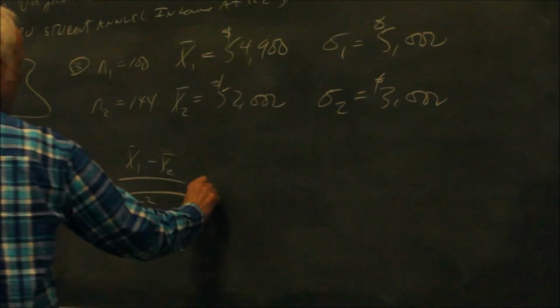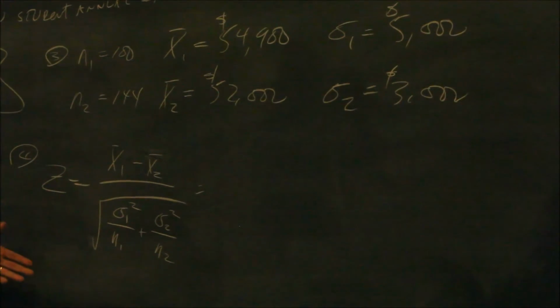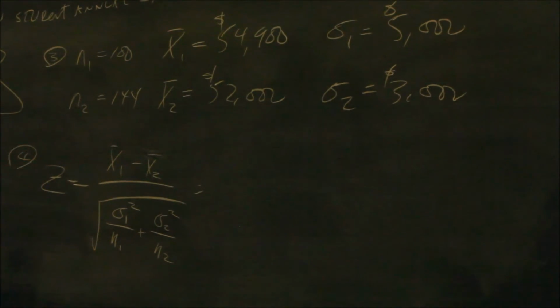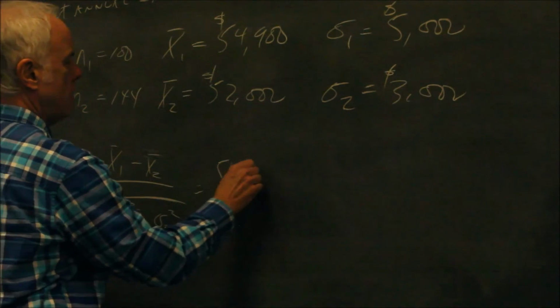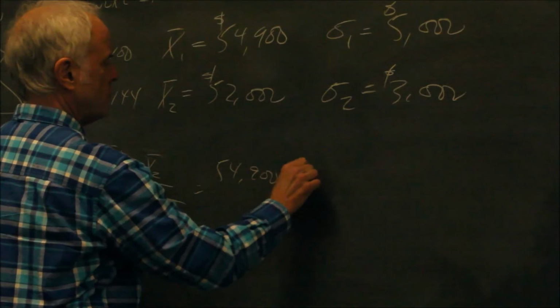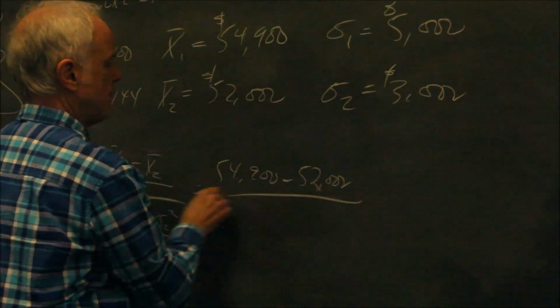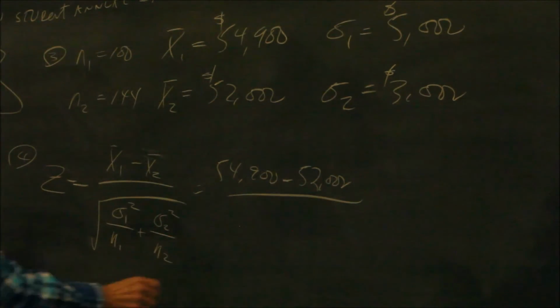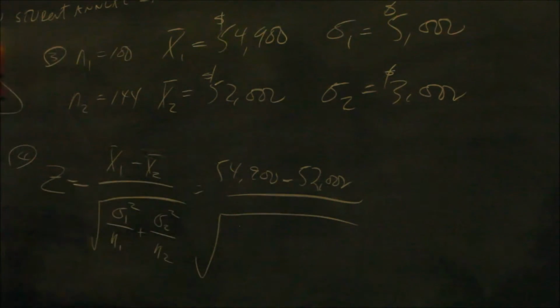And so, what do we do next? Just plug in the numbers. And so what do we have? We have 54,900 minus 52,000 divided by the square root of sigma 1 is 5,000.